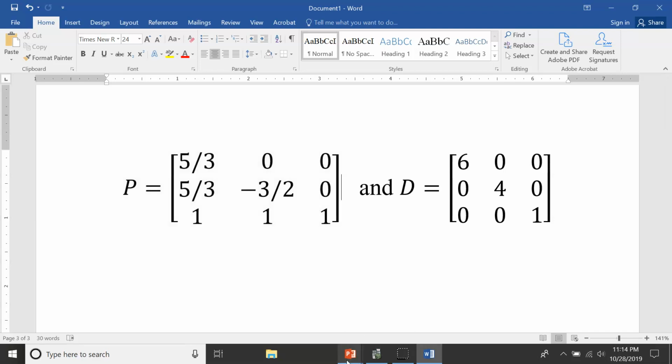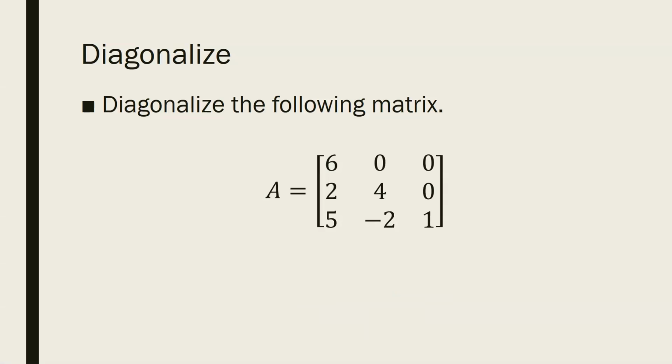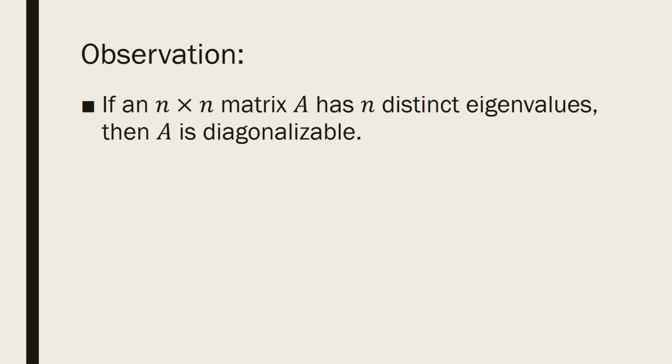All right? So what I'm saying is essentially the following. If we have n distinct eigenvalues, then we know we can find the P because we're going to get one vector per eigenvalue. And that one vector per eigenvalue is going to represent one column of our matrix.